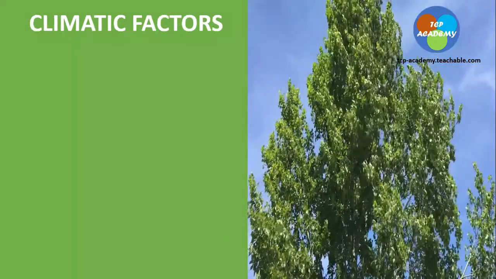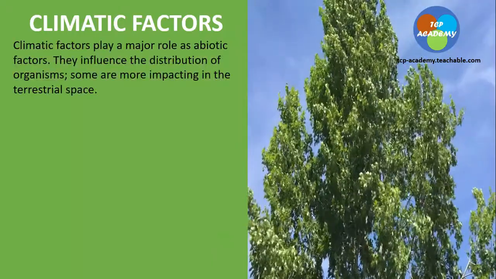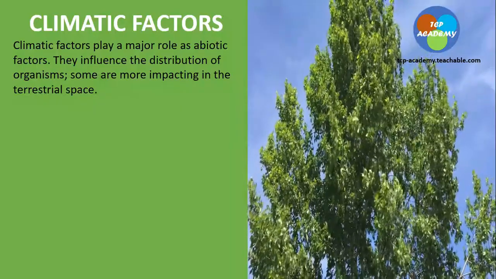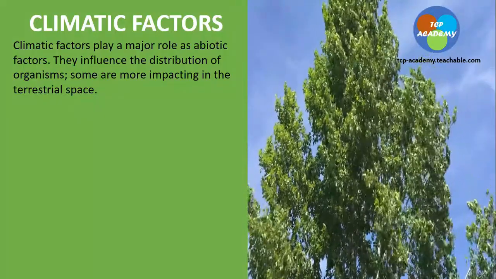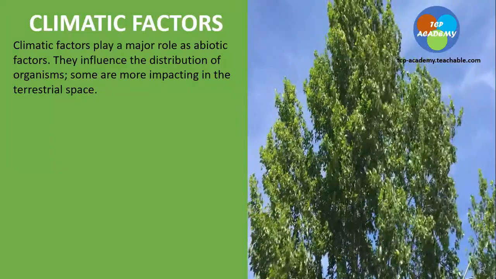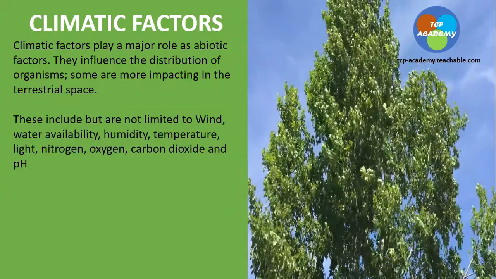Now, climatic factors would include things like wind. We're seeing a tree there. Climatic factors play a major role as abiotic factors. They influence the distribution of organisms. Some are more impacting in the terrestrial space.